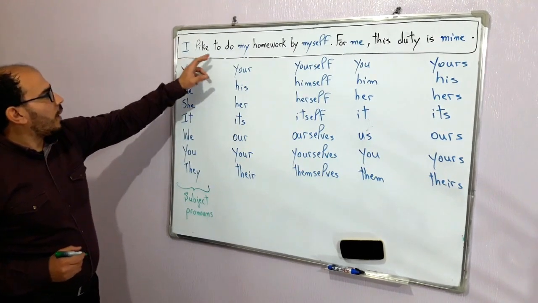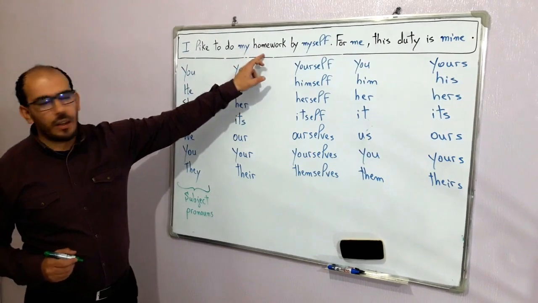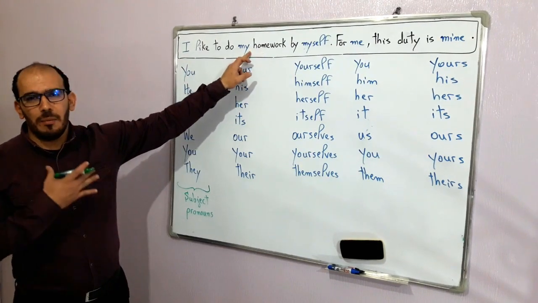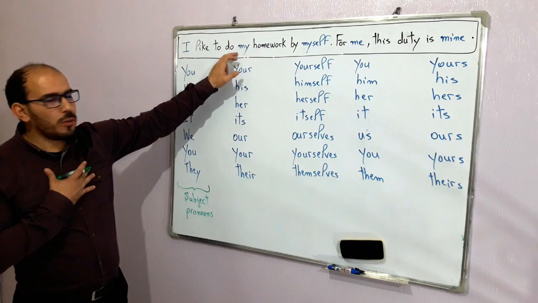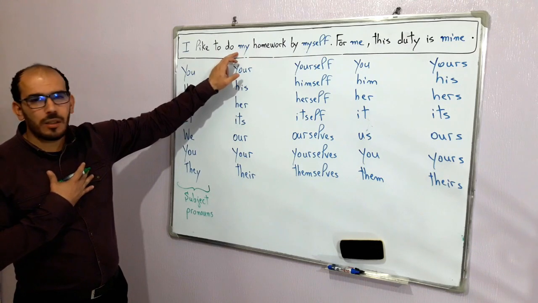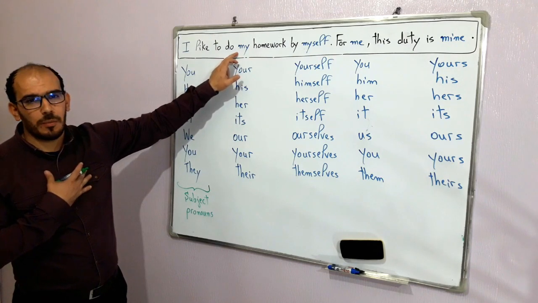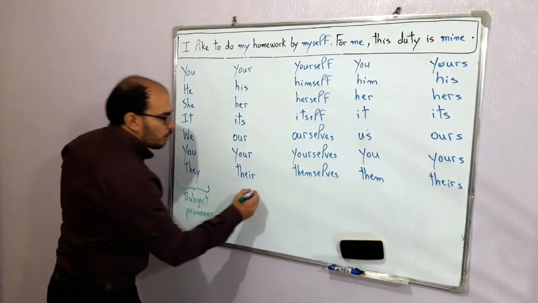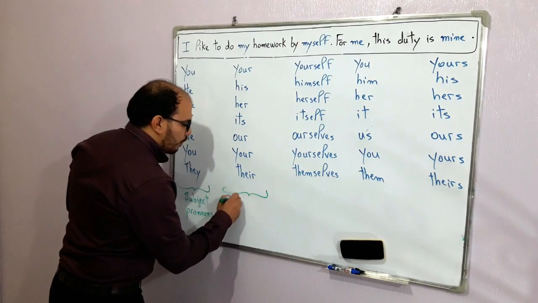Next, I like to do my homework by myself. So when I say my homework, I use my to express possession or ownership. So that's why we call it possessive.